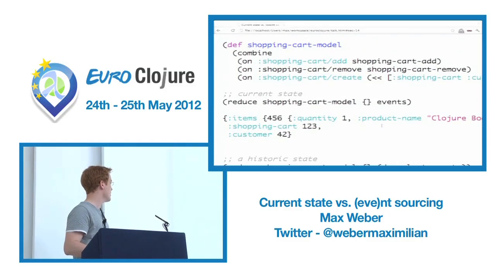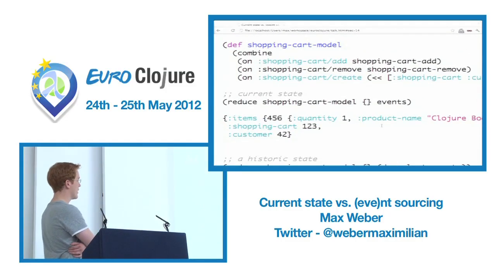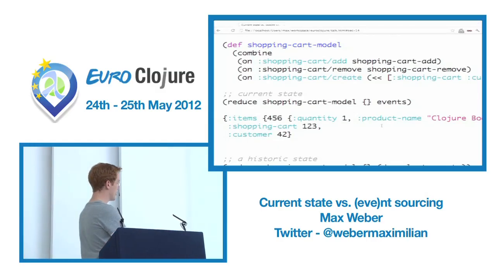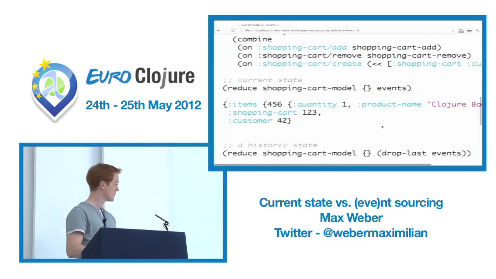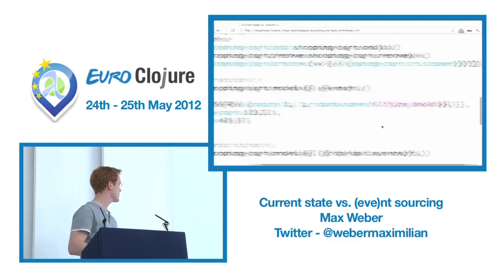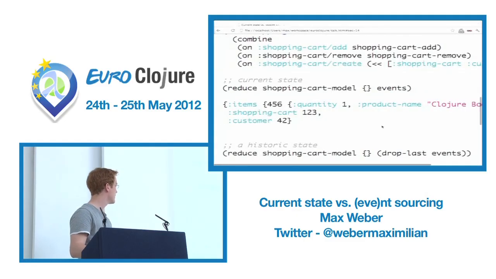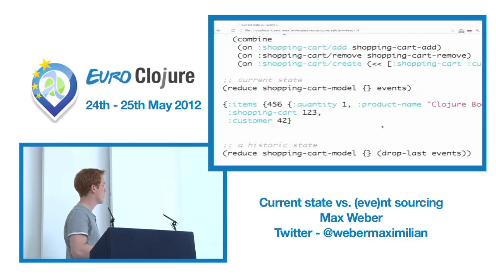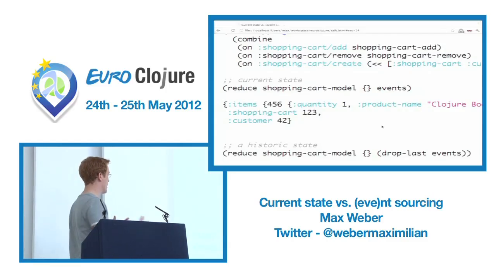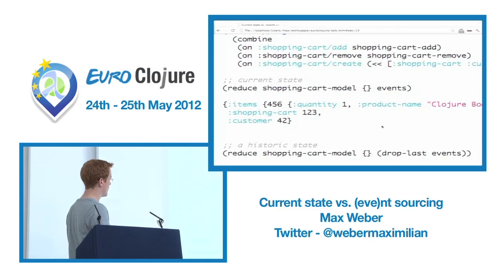So here we invoke our shopping cart model function with a reduce and start with an empty map and our predefined events. So as you can see, this is the current state of our second online shop scenario, and we have derived it from our events.